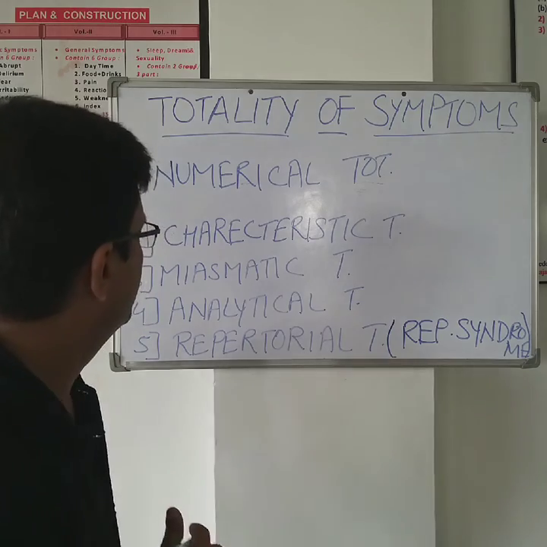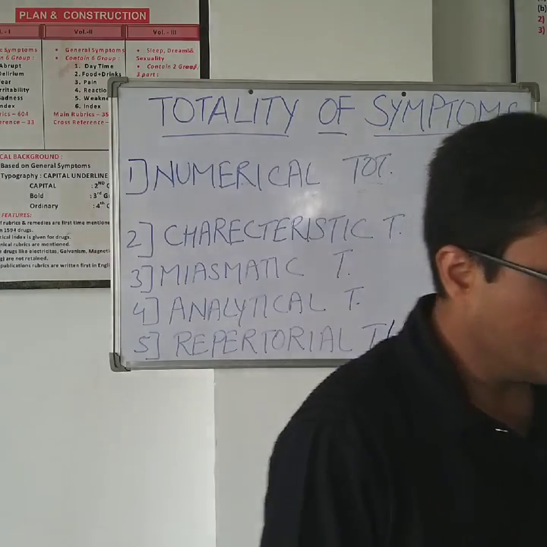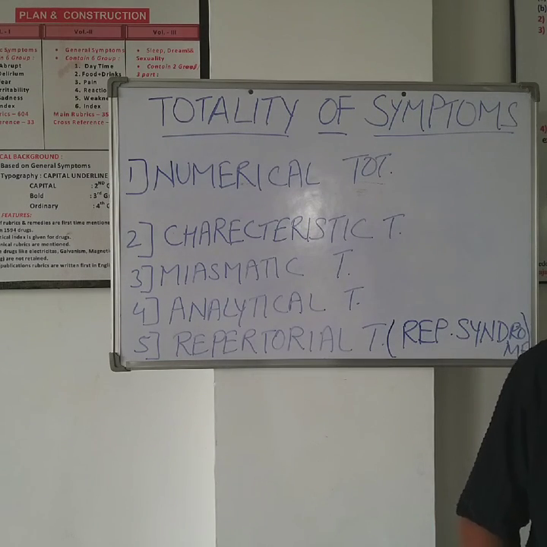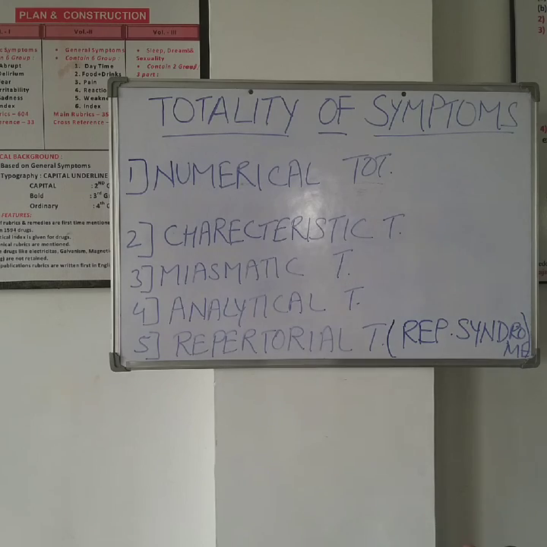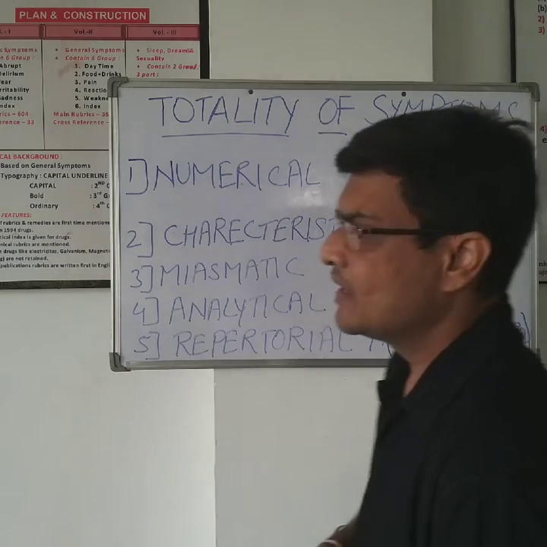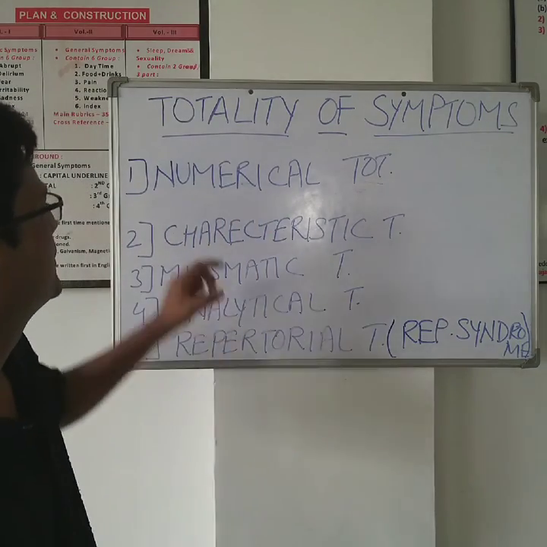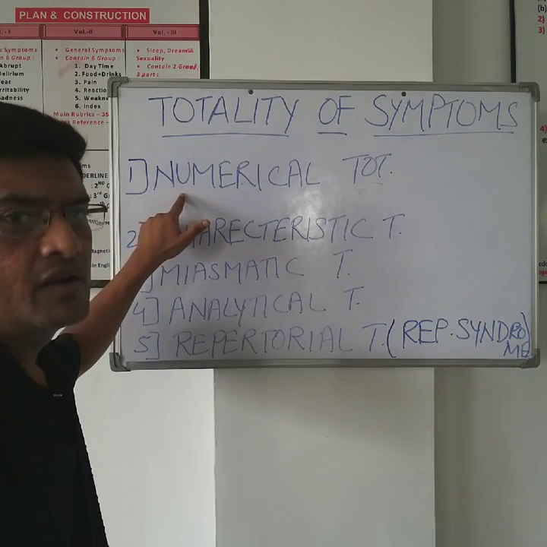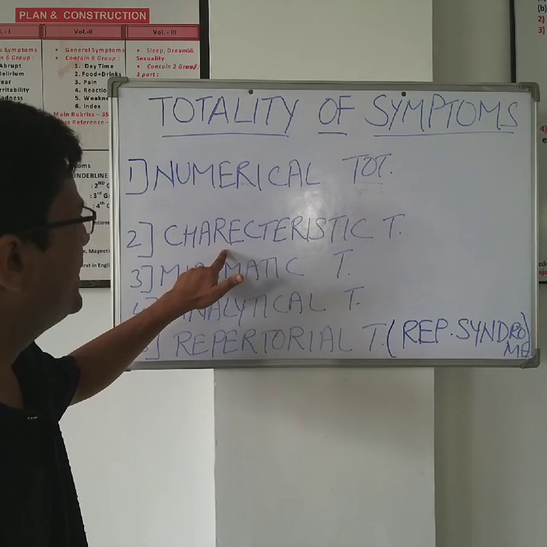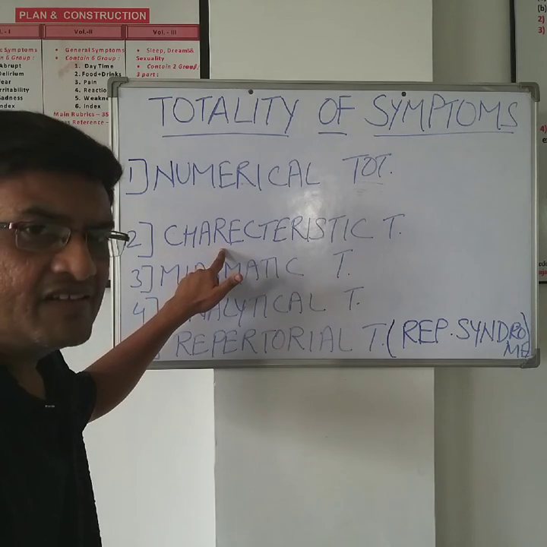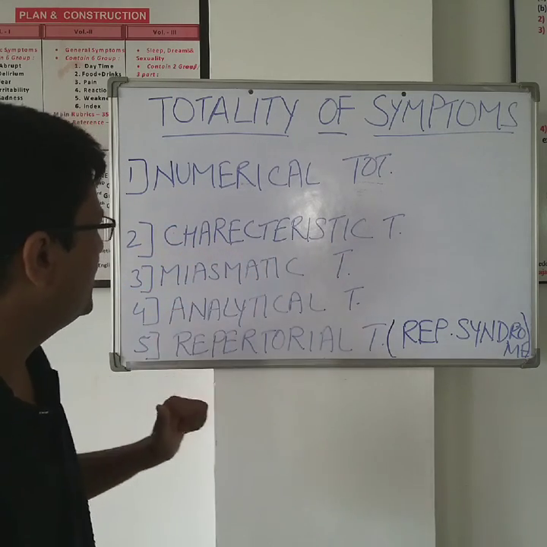So I hope it is clear, totality of symptom in short. There are 5 types: numerical, characteristic, miasmatic, analytical and repertorial totality. In numerical, the total number of sign and symptoms without any order are written. Characteristic totality is only characteristic symptoms out of that numerical totality.